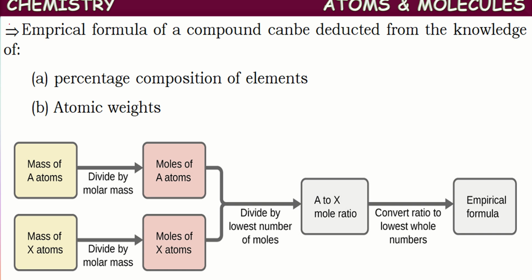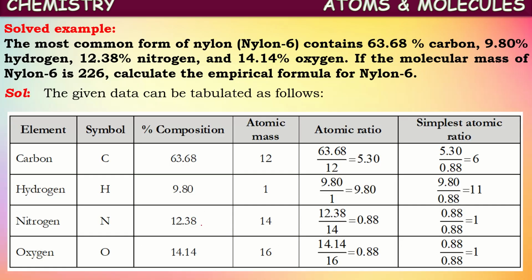In that way we find the masses. After that, that mass is divided by the molar mass. It gives rise to the number of moles. The number of moles is again divided by the simplest number ratios. I will explain simplest number ratios with the example table, then you will understand that.